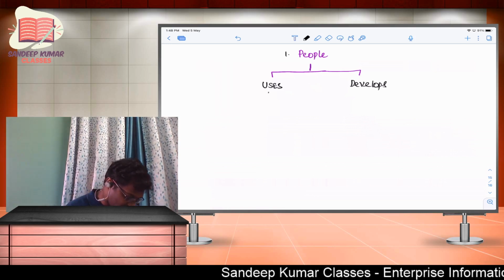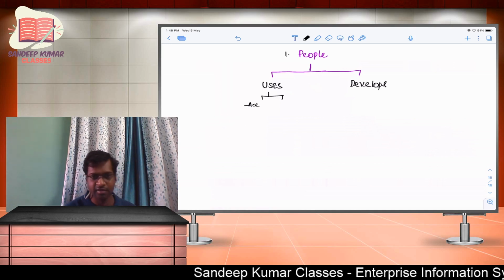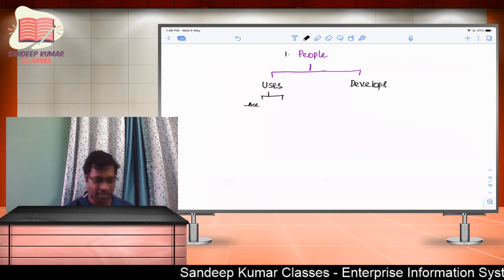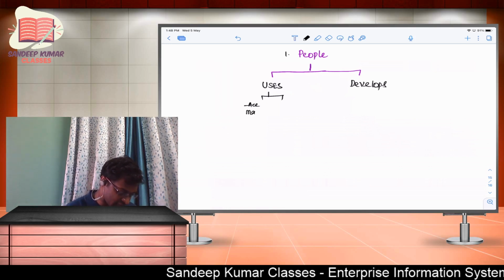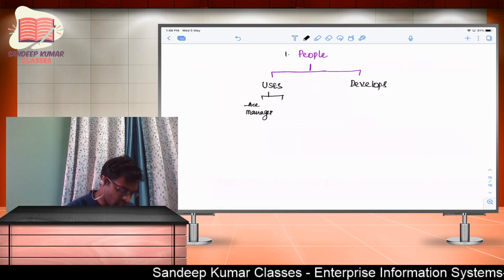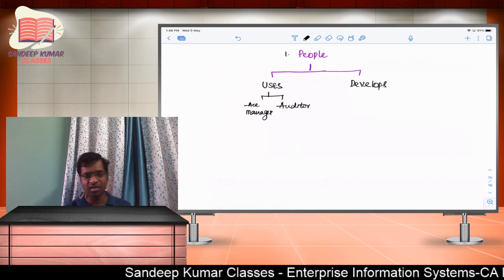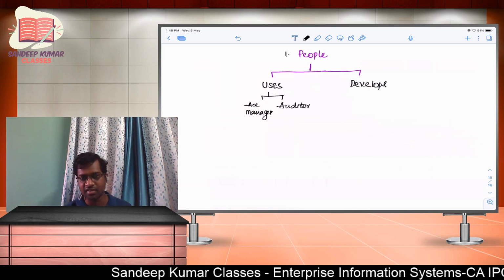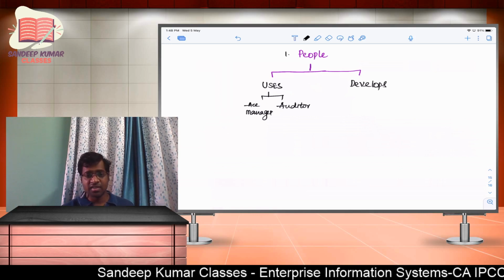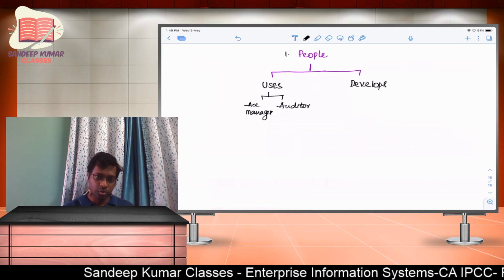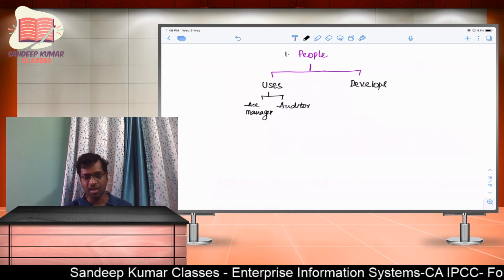Users can be an accounts manager. Let us say if we take Tally, an accounts manager is a user or an auditor is a user. Any person who uses an information system can be a user.